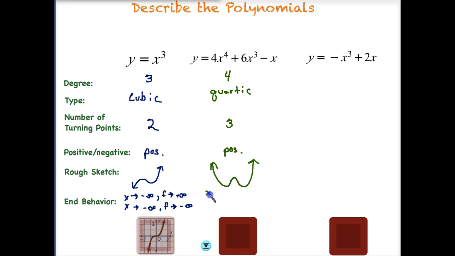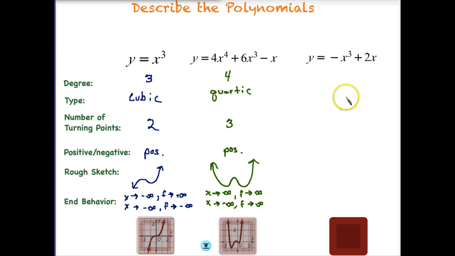If I look at my end behavior, again, I'm going to put down first as x goes to positive infinity and then as x goes to negative infinity. Where is my function going? Well, I can look at this picture to help me. My function is going towards positive infinity. Both ends are going towards positive infinity. And let's see again how we did. Pretty good.